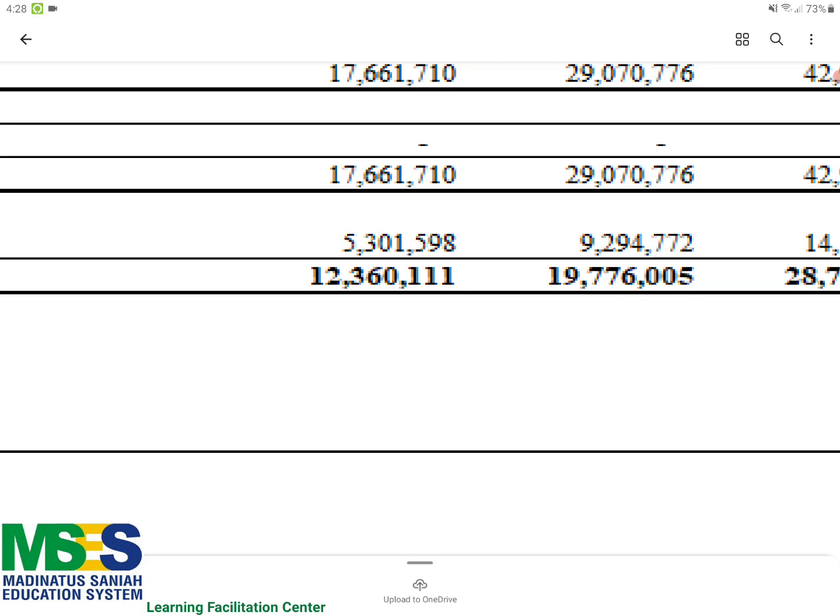What is gross profit? I'll be teaching this to you in our finance section, but just to get you through, gross profit is a profit that we calculate after we deduct the cost of production from the sales price.